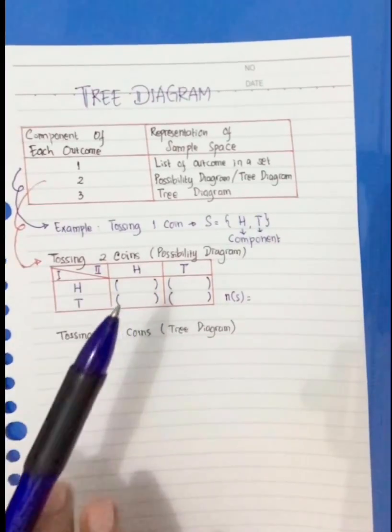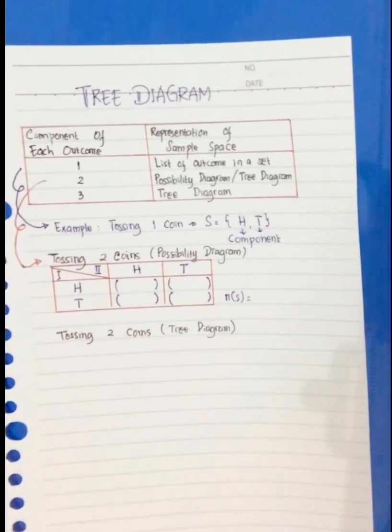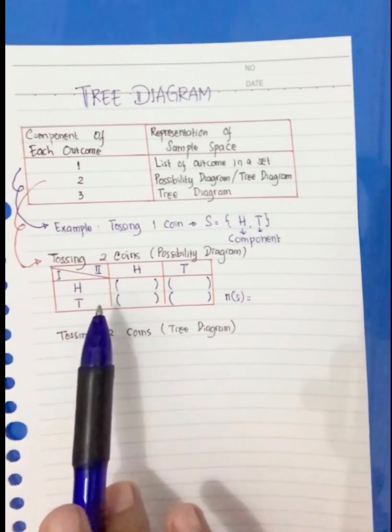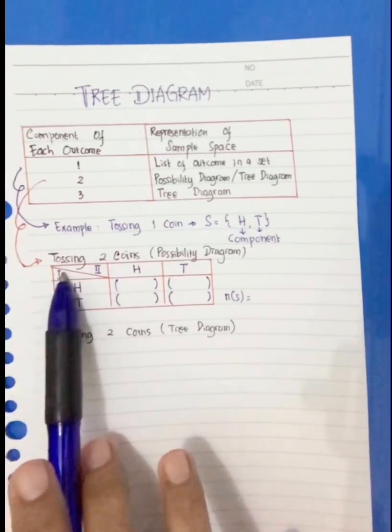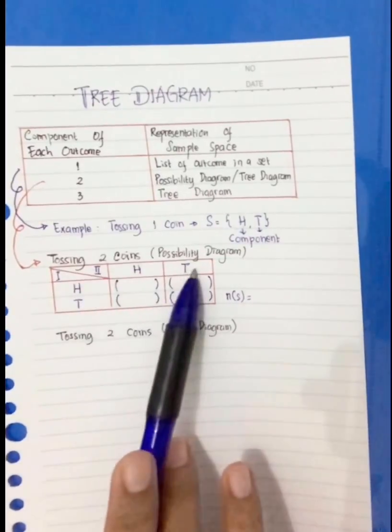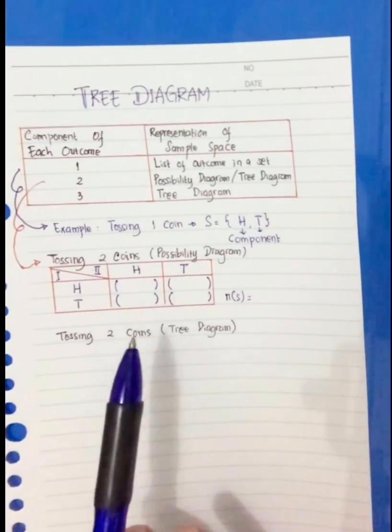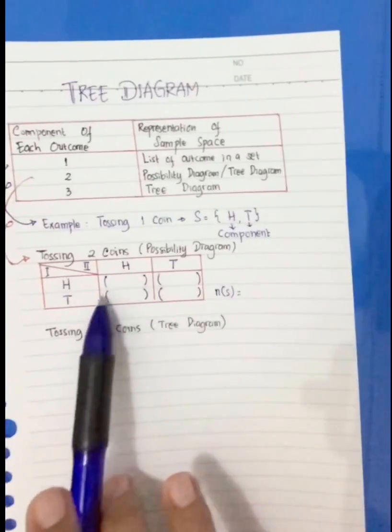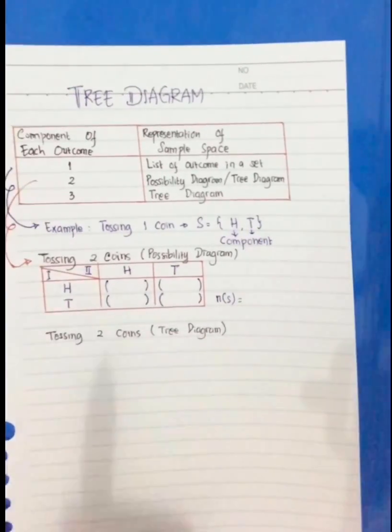Let's see the example here. Tossing two coins. Let's first complete the possibility diagram. Here we have the first coin, then the second coin, and all the possible outcomes.